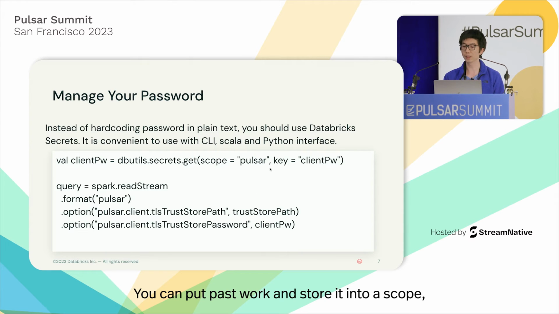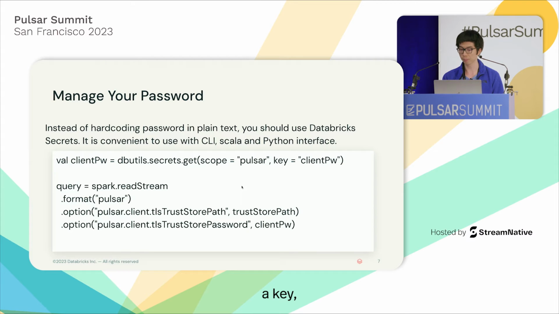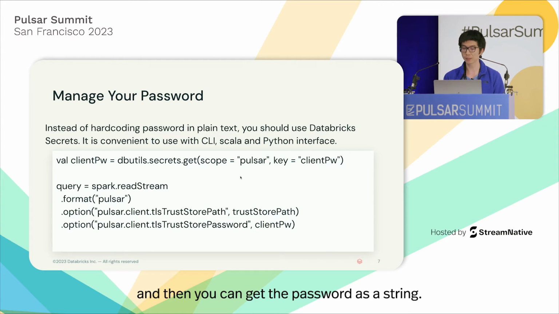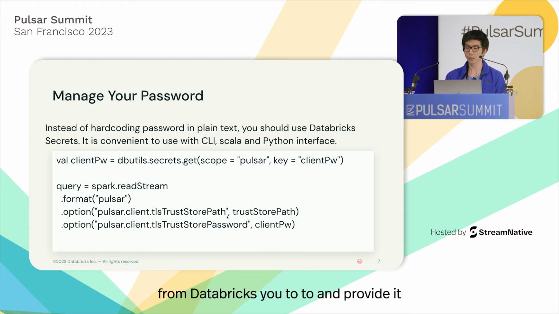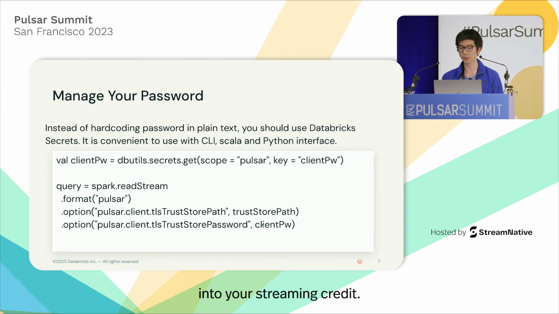You can put the password and store it into a scope with a key, and then you can get the password as a string. It will never show up as plain text. Instead, you can use the string that you get from dbutils and provide it into your streaming query.